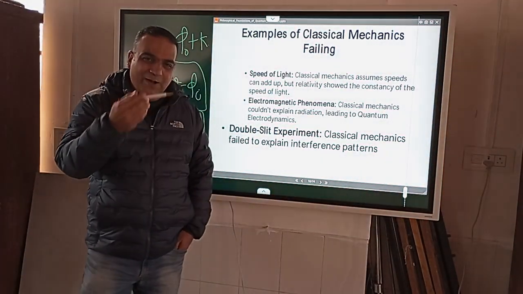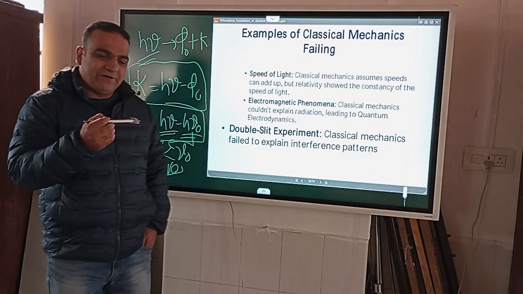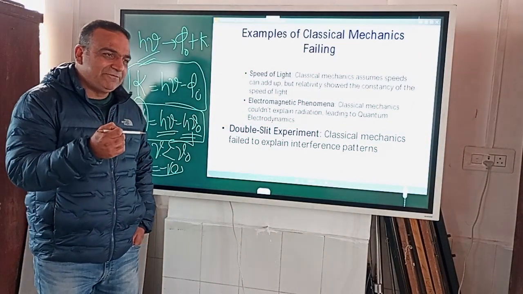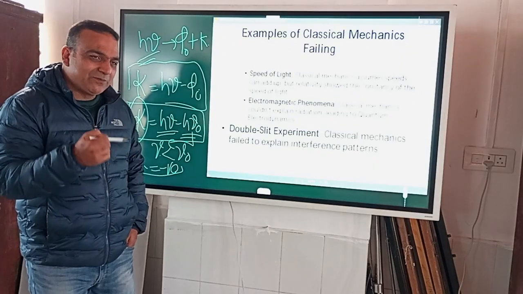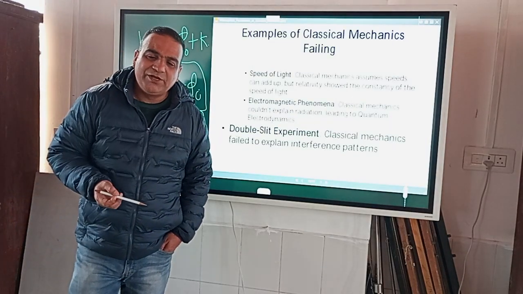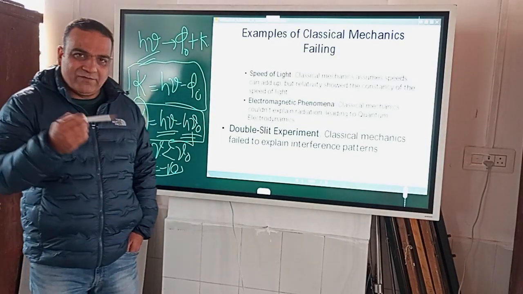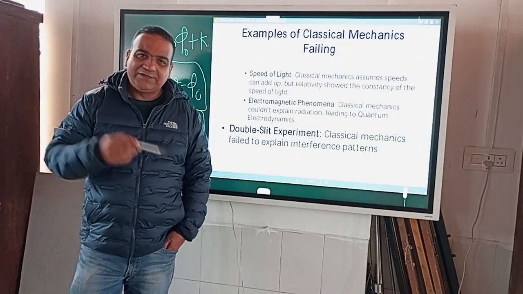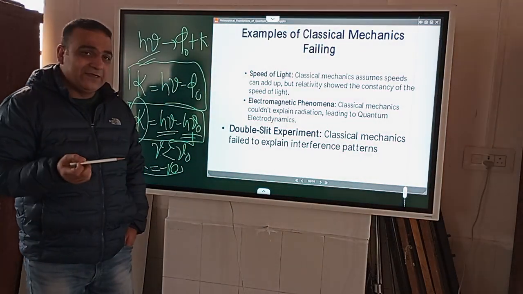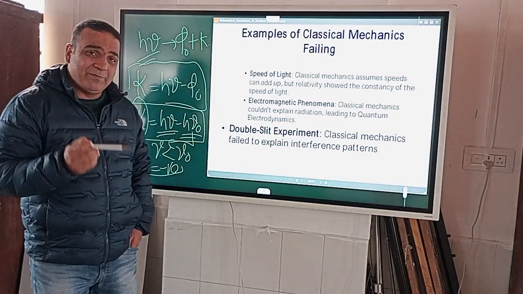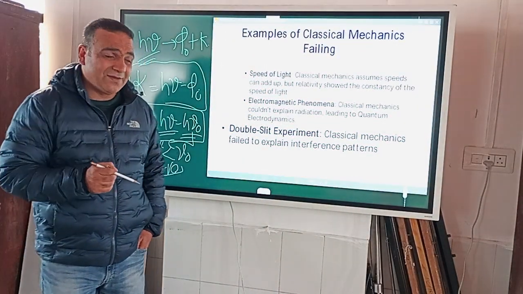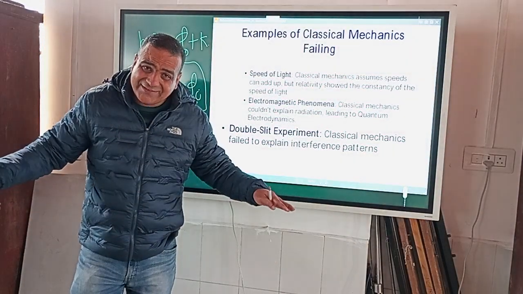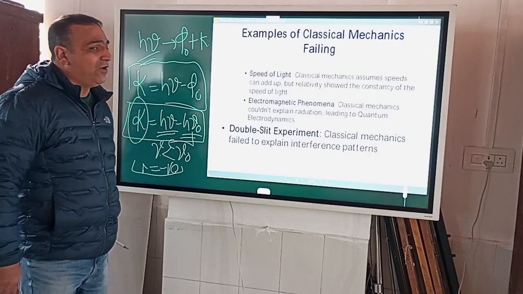When we put forward the argument that material particles have waves associated with them, then we encounter the double-slit experiment, and classical physics fails to explain the double-slit experiment for microscopic particles like electrons. And classical physics has no answer for the dual nature of light.